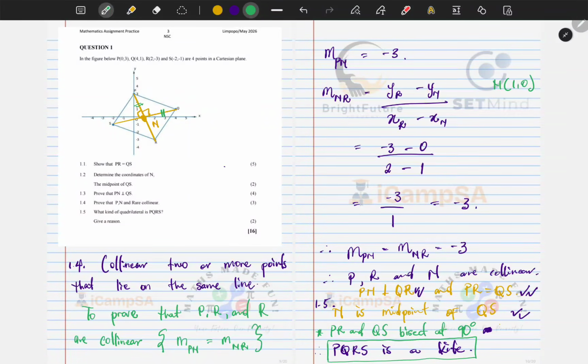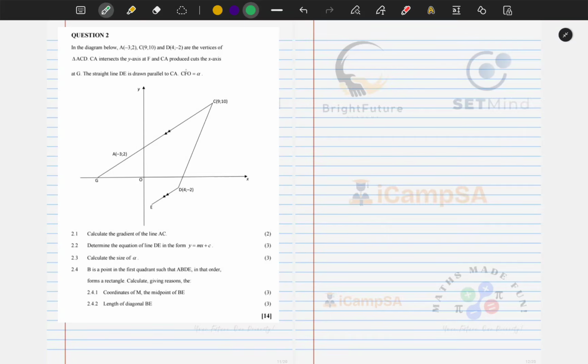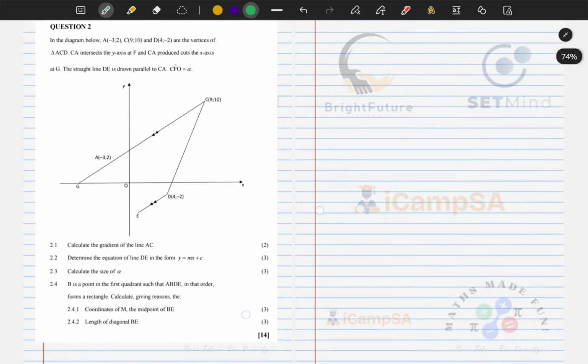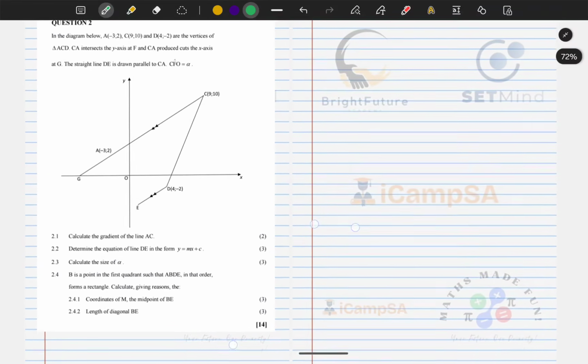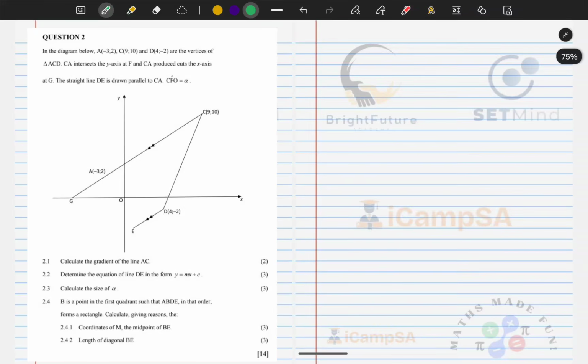Great. So now let's look at question 2. Right? So question 2, they are saying in the diagram below, A, C, and D are vertices of triangle ACD. Great. So they are calling this triangle ACD.